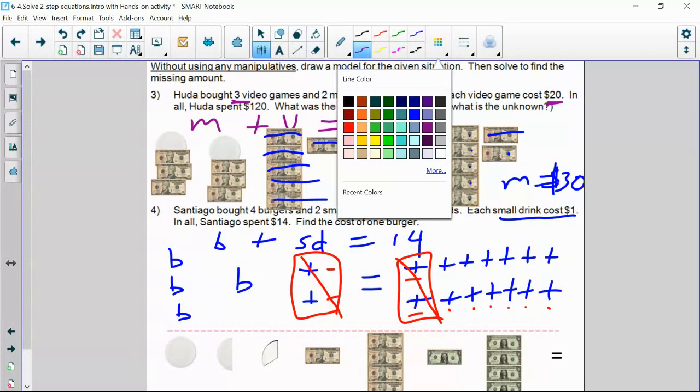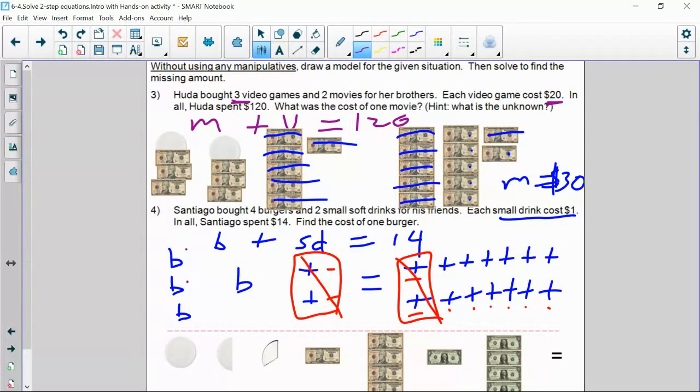I'm going to split them up between each of these. 1, 2, 3, 4, 5, 6, 7, 8, 9, 10, 11, 12. Okay, so that means each one is worth $3. So I'm also separating them over here so that you can clearly see that B equals $3.